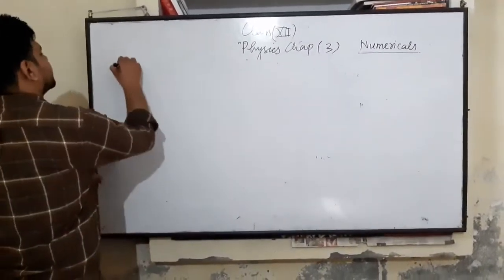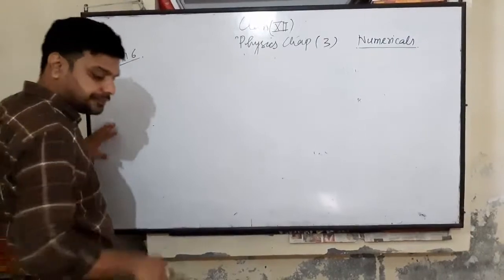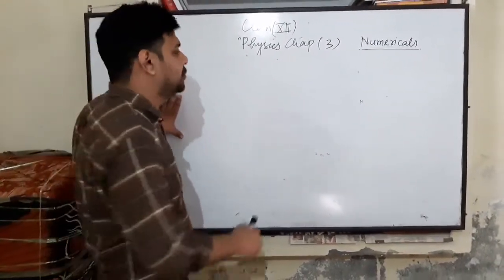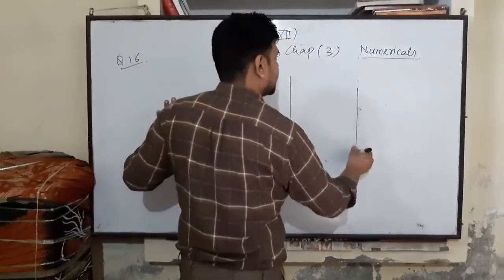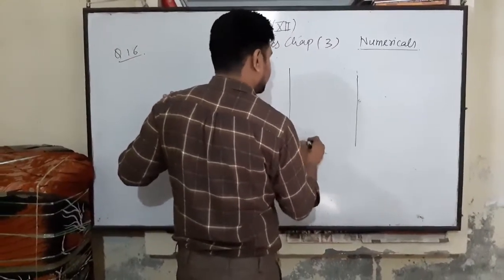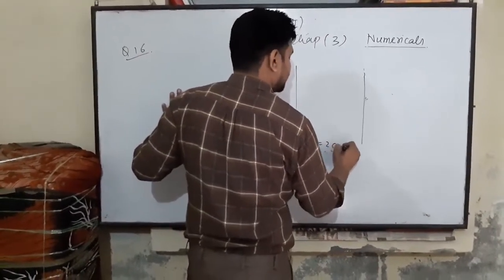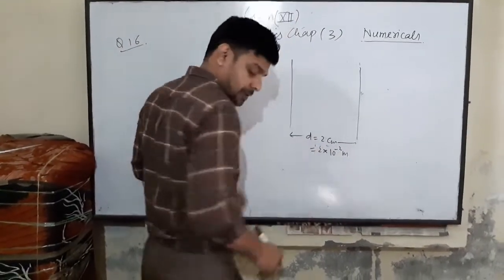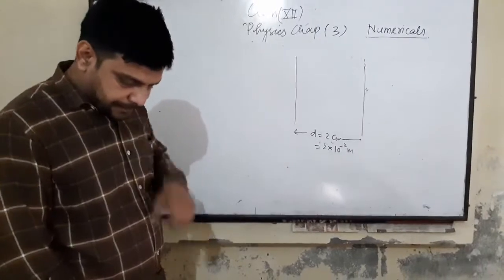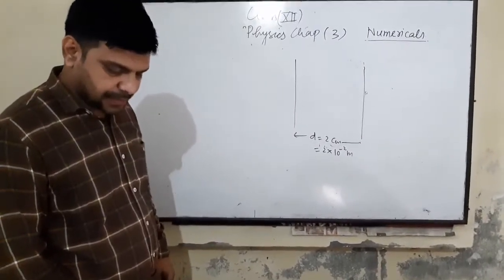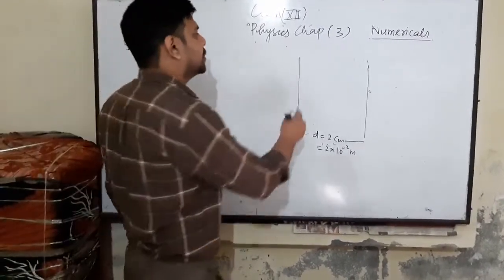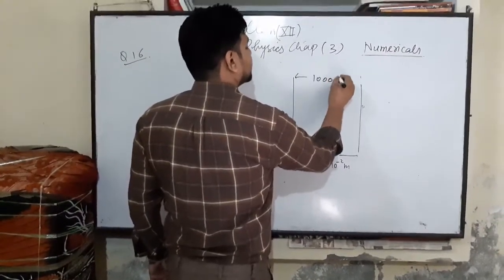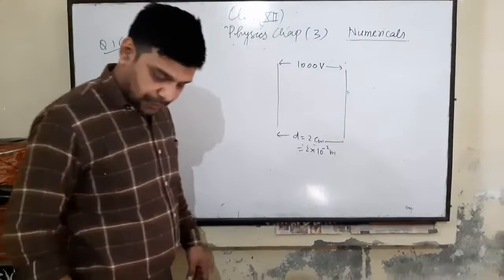Now, question number 16. Two plane metallic plates are at a distance of 2 centimeters. We have two metallic plates and the distance between them is 2 centimeters or 2 into 10 to the power minus 2 meter. These are connected to a battery of 1000 volt. It means the potential difference between these two plates is 1000 volt.